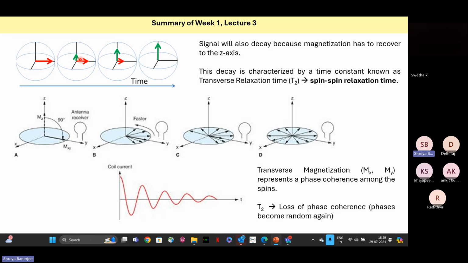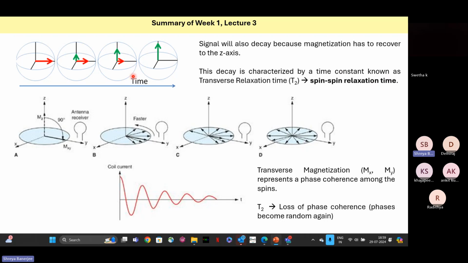This kind of process by which the initial magnetization is recovered is called spin-spin relaxation or transverse relaxation, transverse because the transverse component is reducing. And this is characterized by a time constant known as T2, or the spin-spin relaxation time.